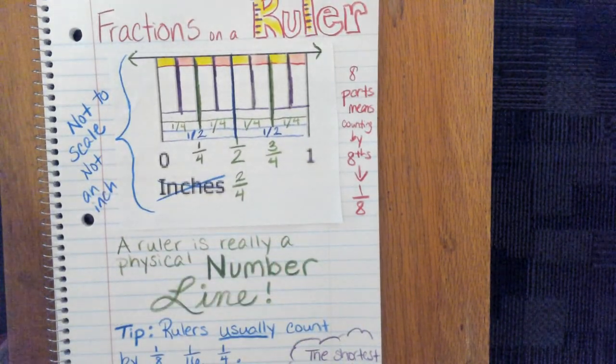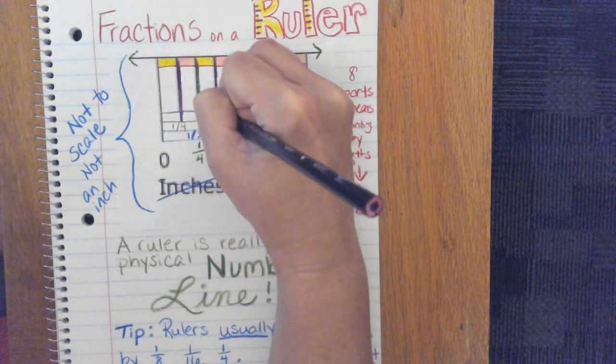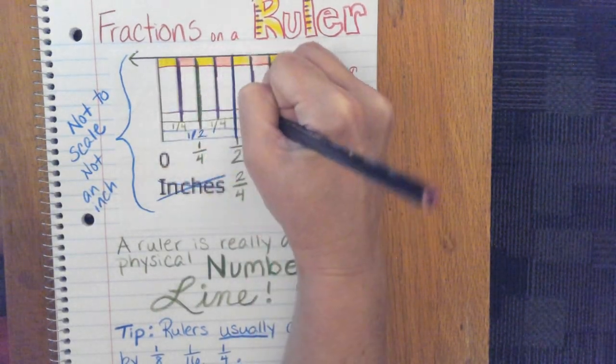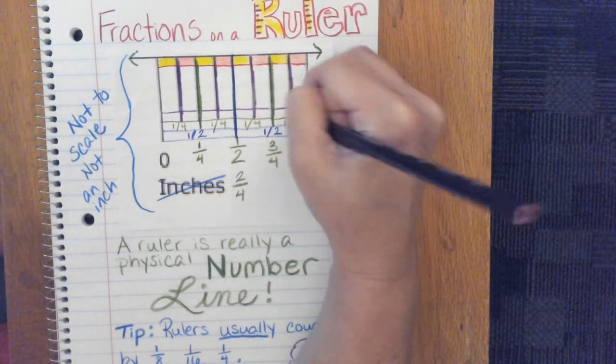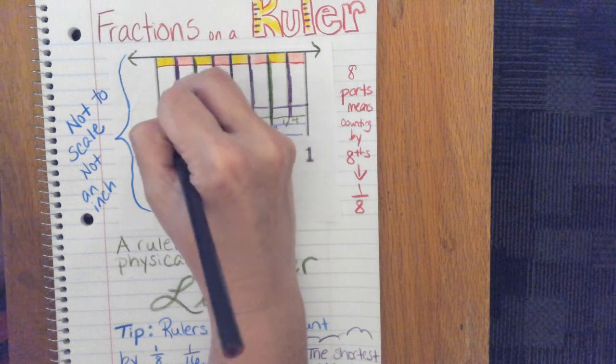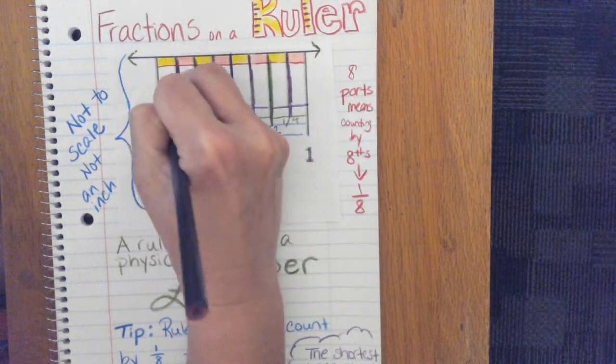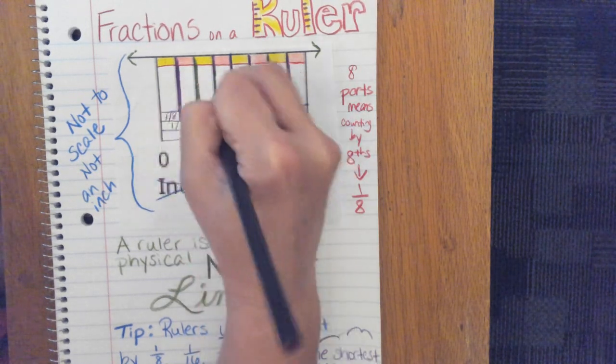Okay, so if I stretch these lines down, then each of these, there's 1, 2, 3, 4, 5, 6, 7, 8 of them. Each of those is 1/8.